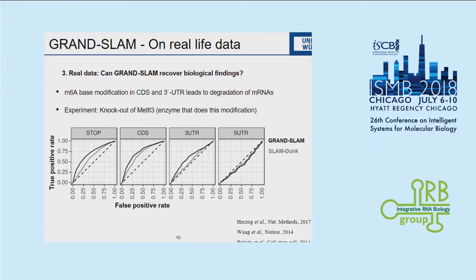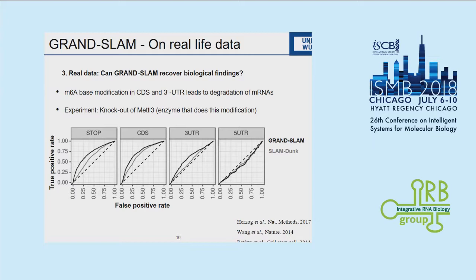Consequently, you expect to get more reads at these regions. And they used their tool SLAM-DUNK, which was published alongside SLAM-seq. This tool counts all the reads that have T>C mismatches as new reads, and they compared this against the control group.